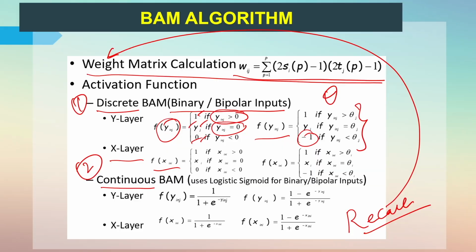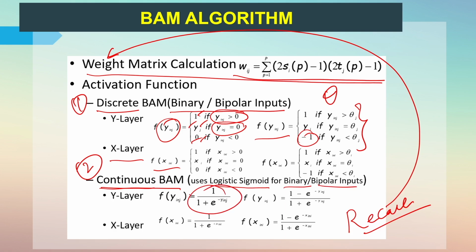Now, after identifying the activation functions, if the value of a particular variable in your data is continuous, what kind of BAM algorithm can I go for? I can go for a continuous BAM algorithm, for which you can use the logistic sigmoid, for both binary as well as bipolar inputs. So what is this logistic sigmoid telling?